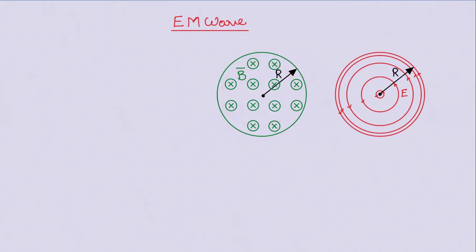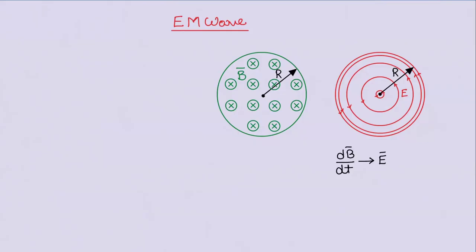So one thing we need to understand: changing magnetic field will create electric field. So dB by dt will give you electric field E. Formulas and all these things are there with us, but changing magnetic field will give you electric field. Right? Keep it aside.